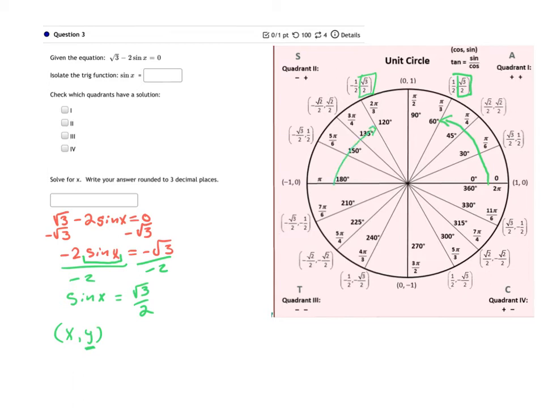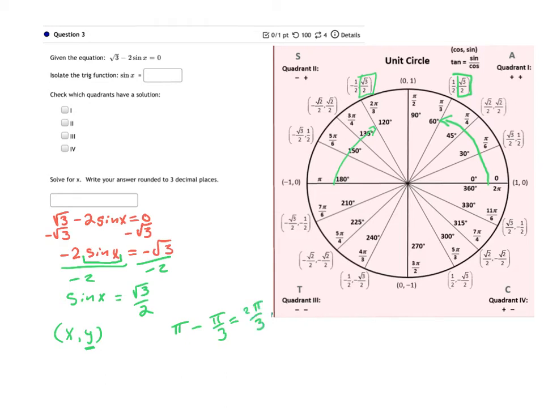So how would I figure out what that is? Well, all I have to do is start at pi and then subtract whatever the angle is. In this case, my angle would be pi over 3. So when I subtract pi minus pi over 3, that gives me 2 pi over 3.